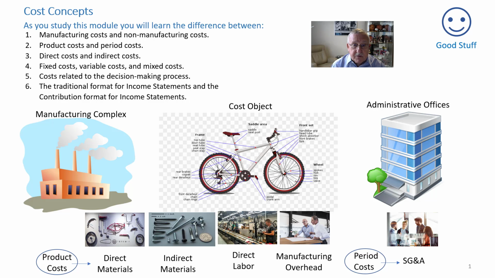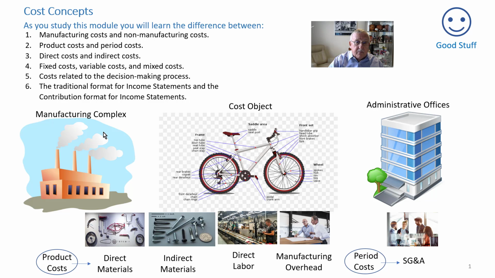As you study this module, envision yourself working for the Trek Bicycle Corporation. Trek is a leading manufacturer and retailer of bicycles today. They make their bicycle products and sell them online or through retail outlets. As an organization, Trek has both a manufacturing and a non-manufacturing component.